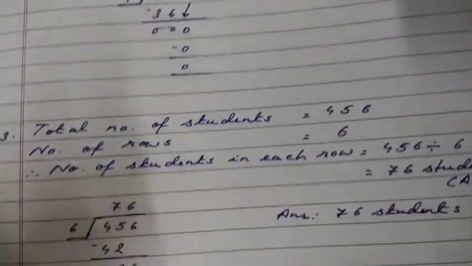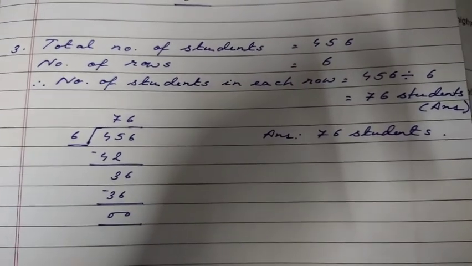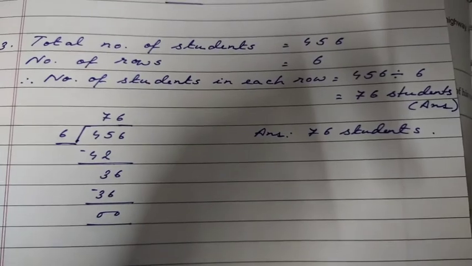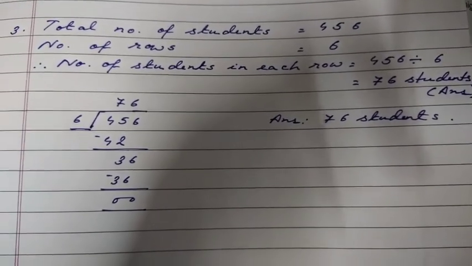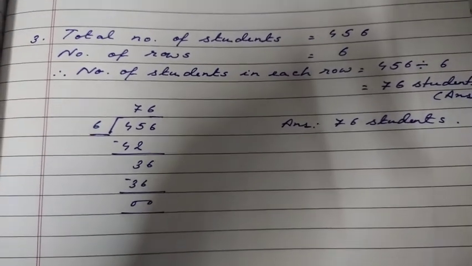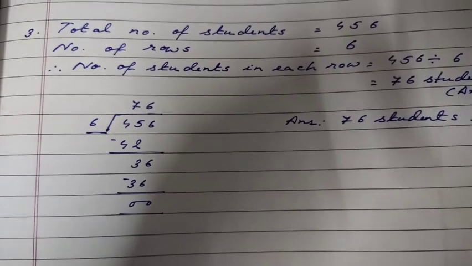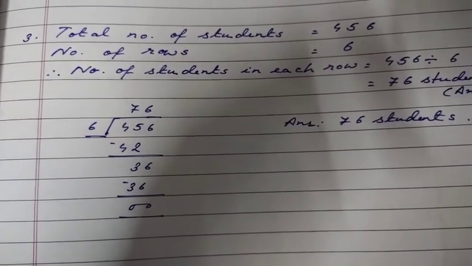What will we do? See. So total number of students 456. Number of rows 6. Number of students in each row 456 divided by 6. Your answer will be 76. 76 students. See the working. 456 divided by 6. 6 sevens are 42. Then 45 minus 42. 3 will come after subtracting.